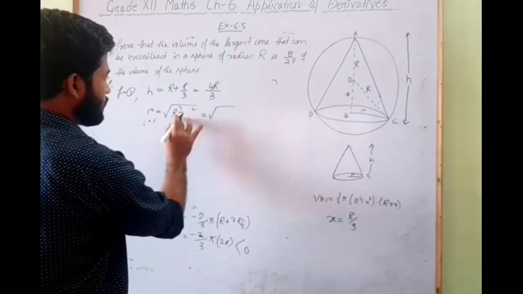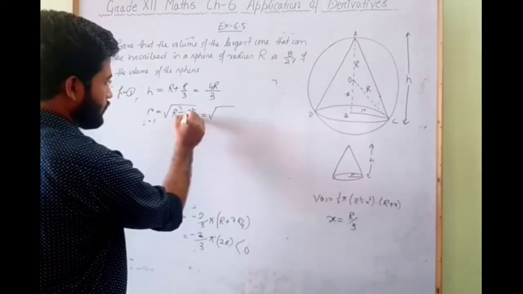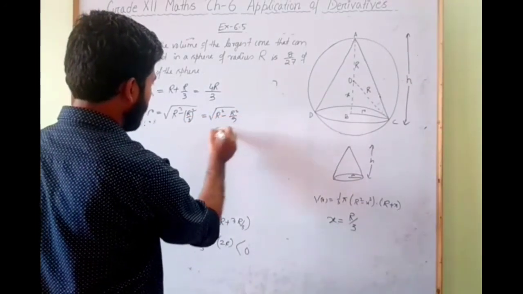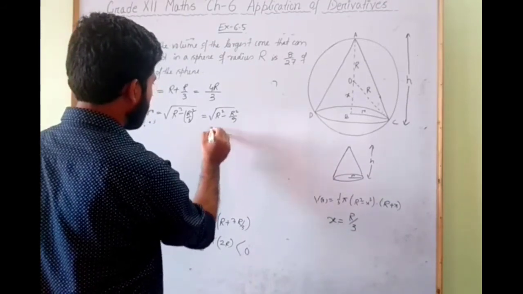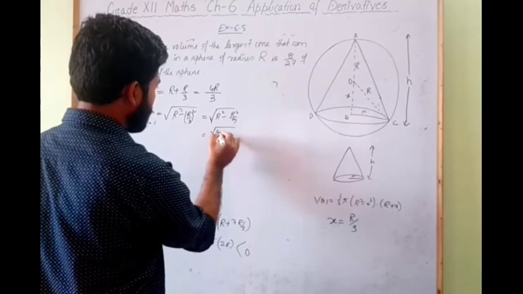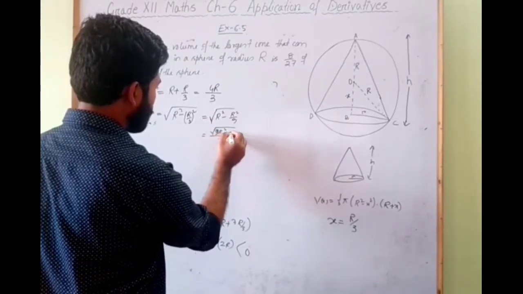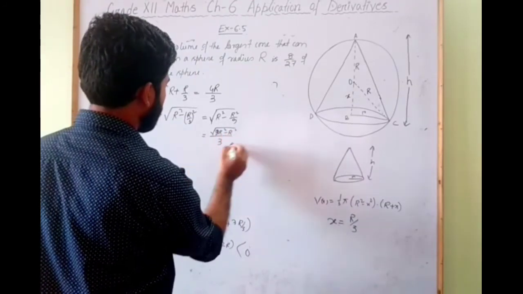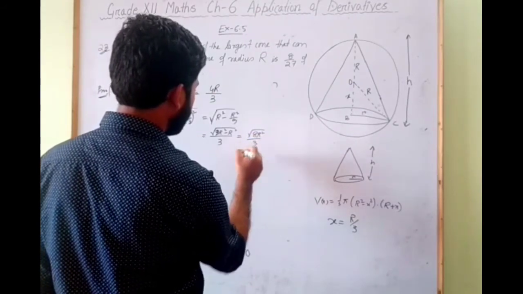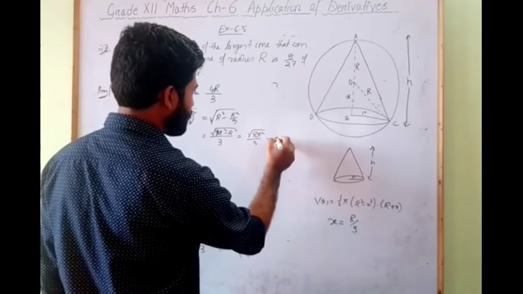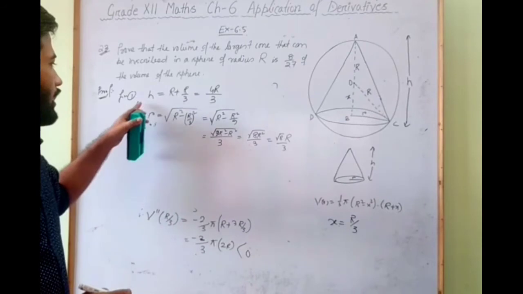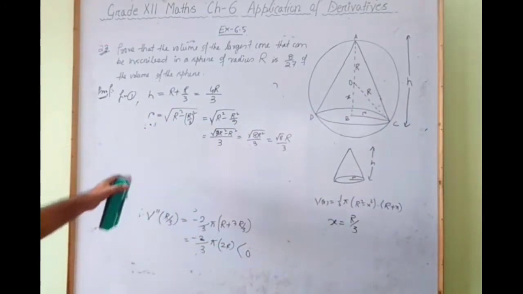So in place of x square, replace it by (r/3) whole square, so it will be r square minus r square by 9, that will give us 9r square minus r square over 9, which is root over 8r square by 9, or I can write root 8 r by 3. So this is our height and the radius.